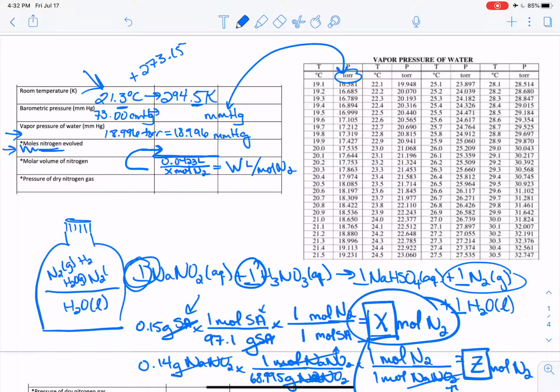Now, the next line says pressure of dry nitrogen gas, and that's going to bring us back to this bottle example right here. That's why I left it there.